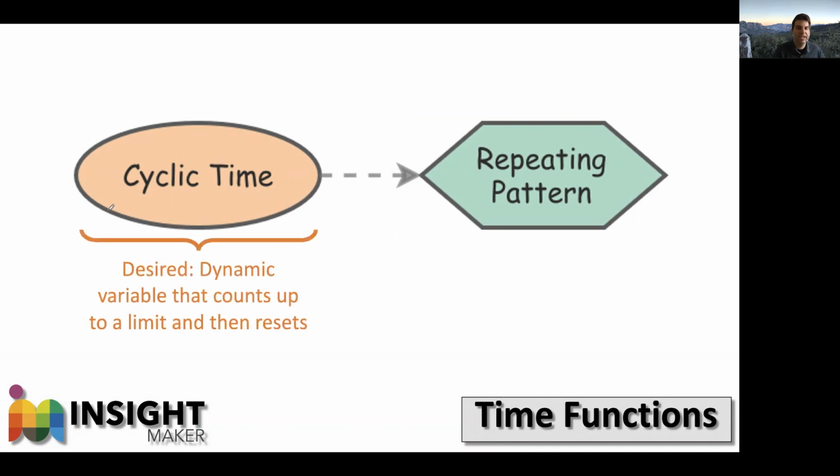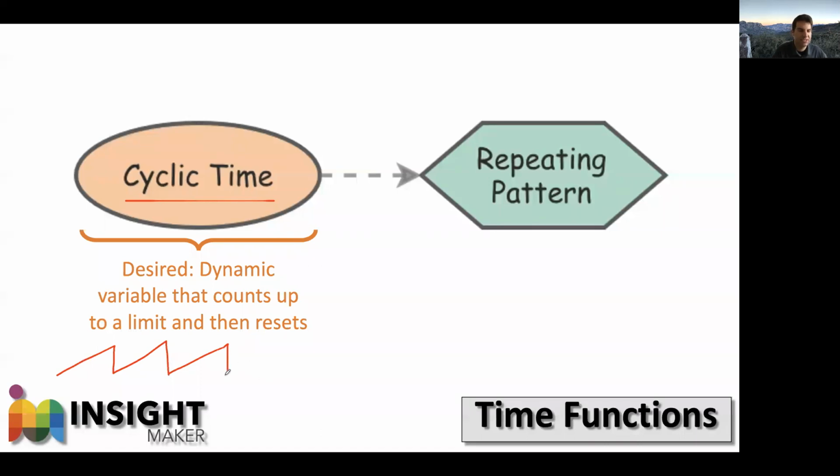What's desired is that we create a variable that I call cyclic time, that counts up to a certain limit and then resets. We want our simulation to run over 12 years, but we want this variable to be the month of the year. So it'll count to 12, reset, count to 12, reset, and so on.